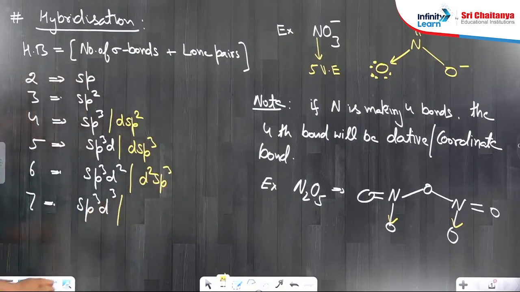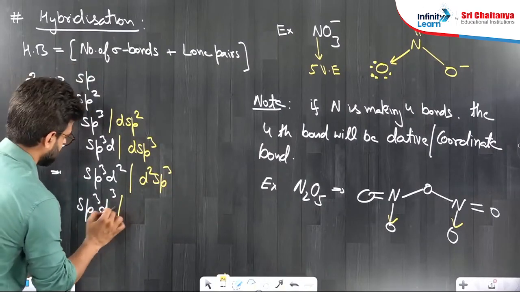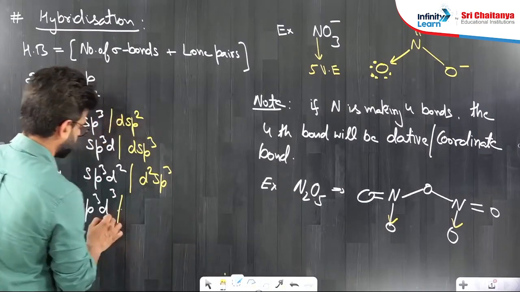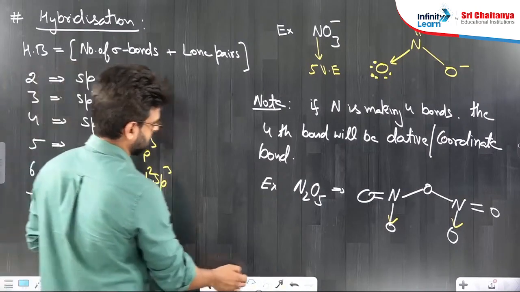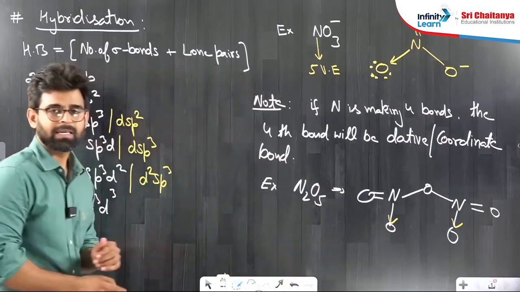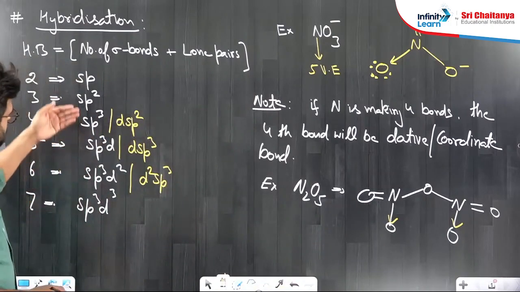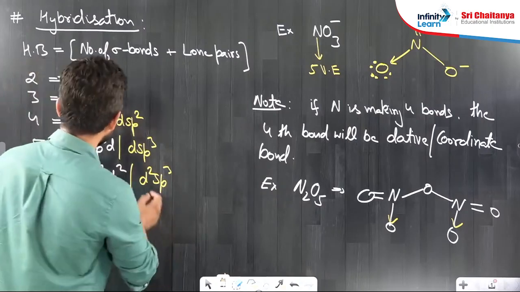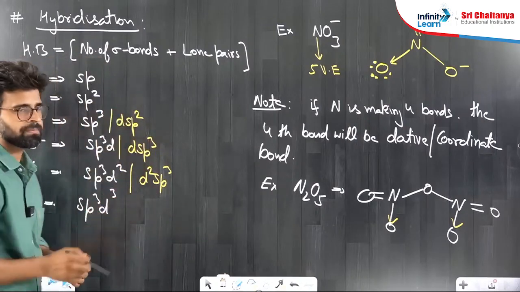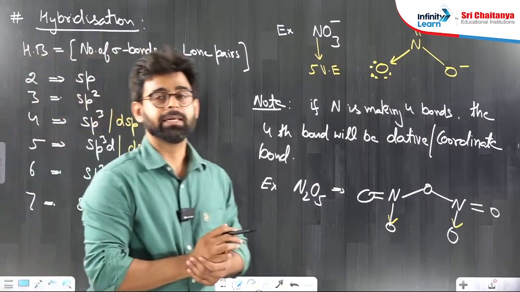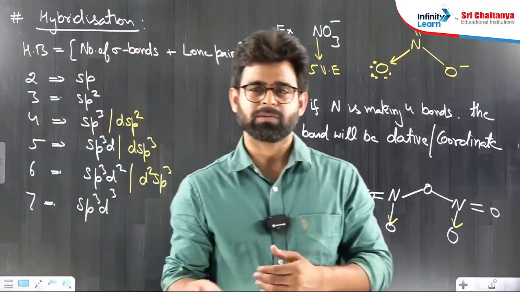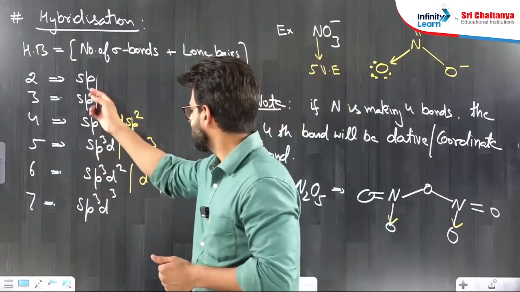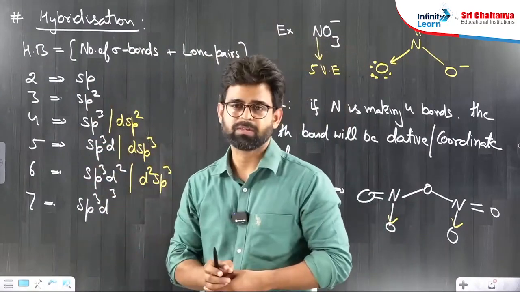Okay, so mainly these things we had to remember. Clear? So normally up to now it is enough. This type of things you will see in coordination compounds. In your chemical bonding chapter, this is enough to remember, right?